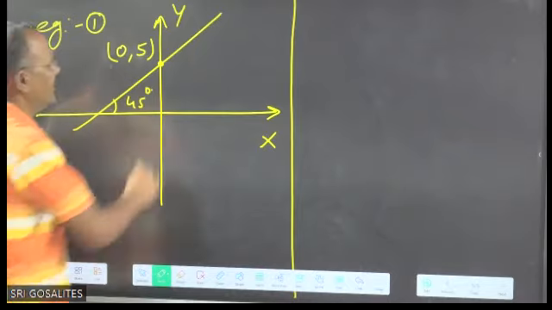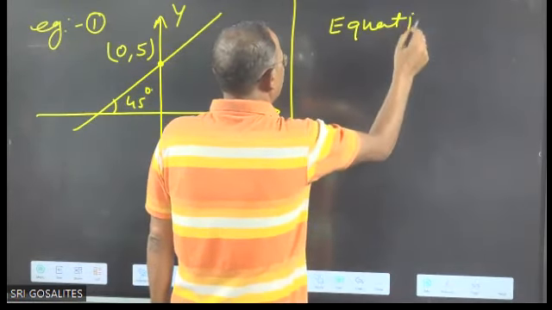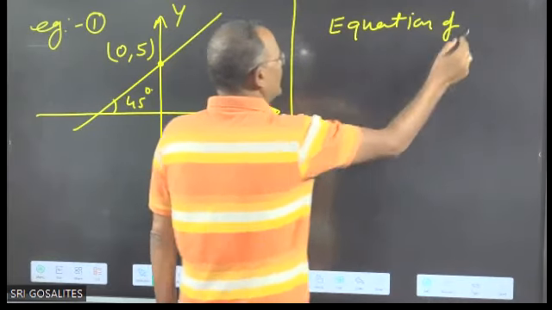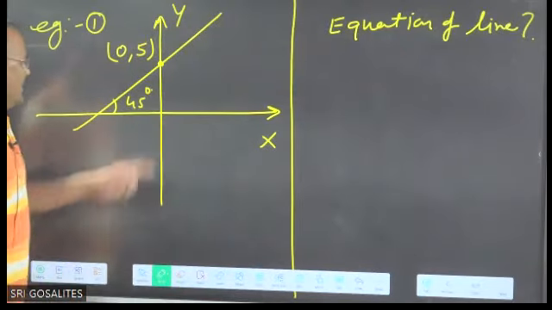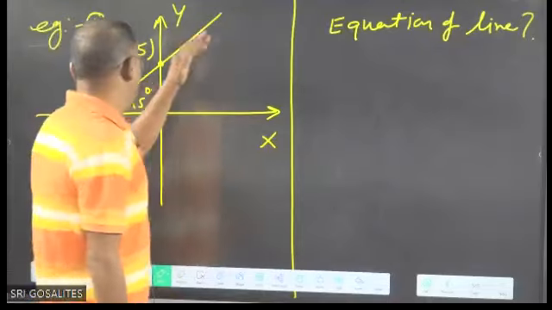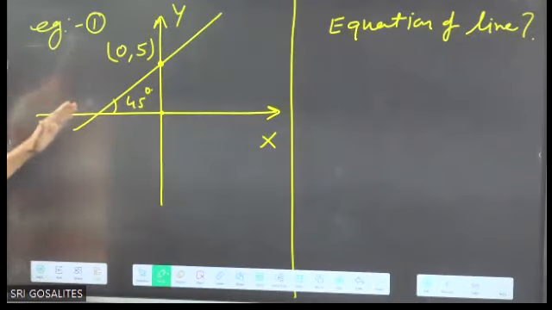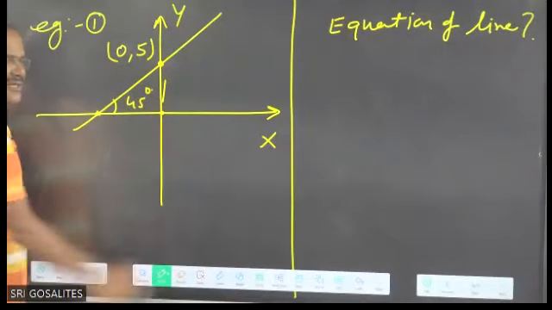Then what is the equation of this line? So this is not the line which is passing through the origin. This is the line which is cutting the x as well as the y. This intersection is given to us as 5.